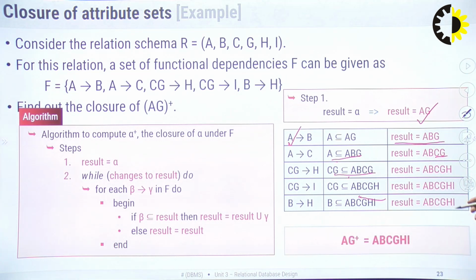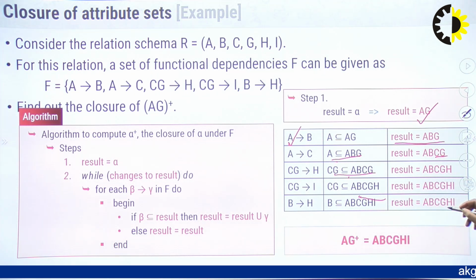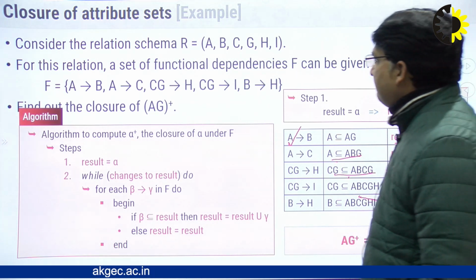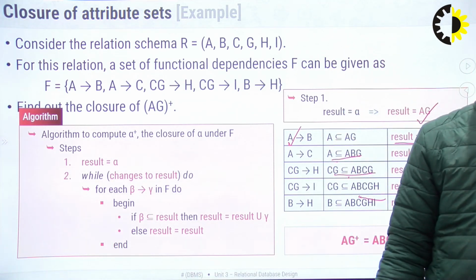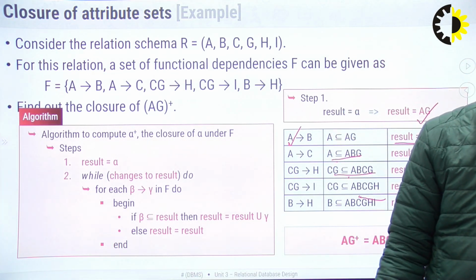So our result set consists of all the attributes A, B, C, G, H, I.